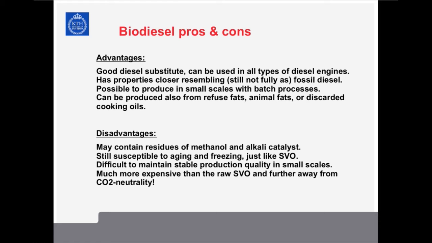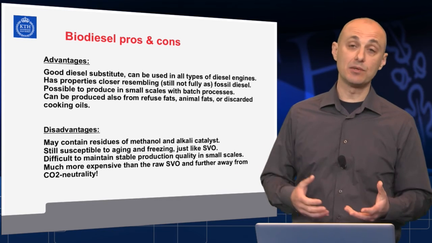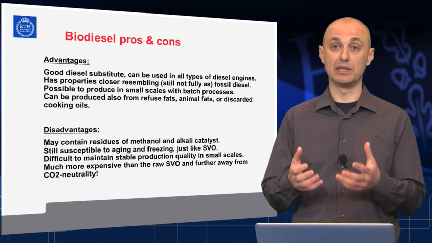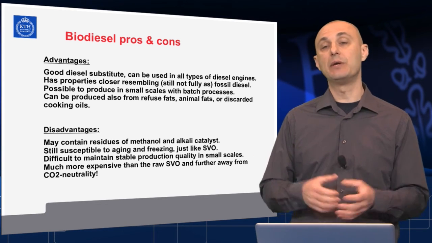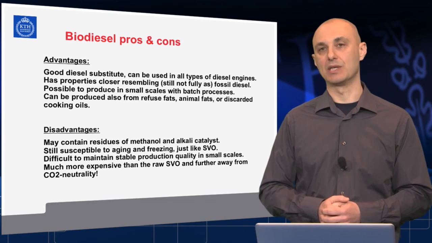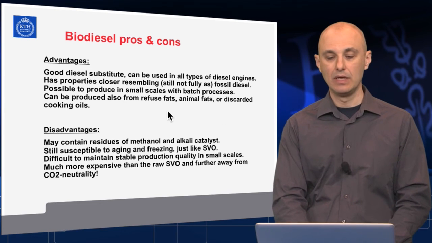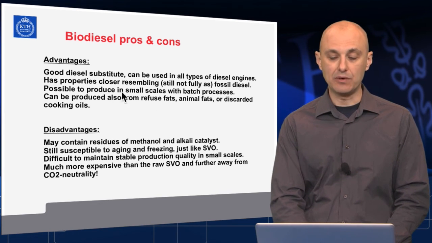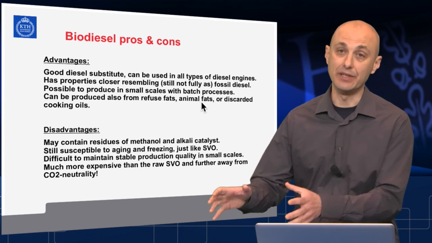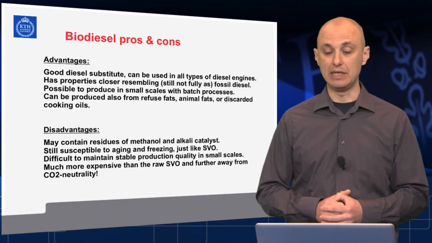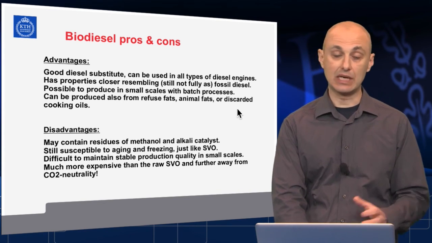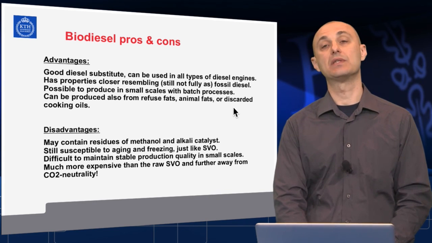The more process steps we have, the more additional products we use, and all the industrial methanol available comes from fossil fuel sources, which brings our biofuel further away from CO2 neutrality. However, biodiesel can also be produced from fats that are not good enough to be directly used for any purpose: refuse fats, animal fats, discarded cooking oils, recycled oils, and so on.